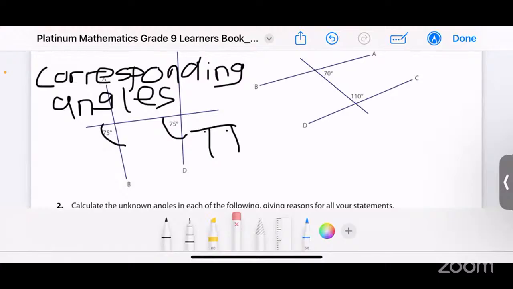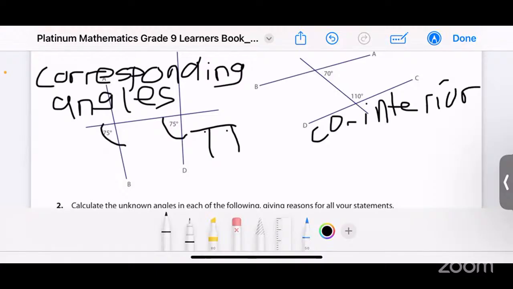Well done. These are co-interior angles. And they add up to what? 180. Did you see that? Do you understand why we say they are parallel? They have to satisfy a condition, ne?